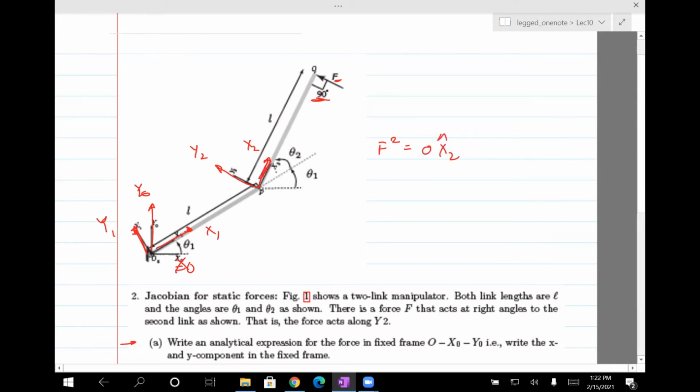This is x2, and F along y2. So it's always pointing in the y direction, and that's why its value is this.